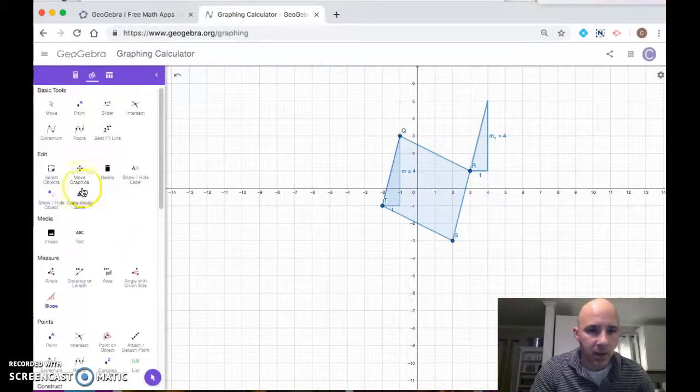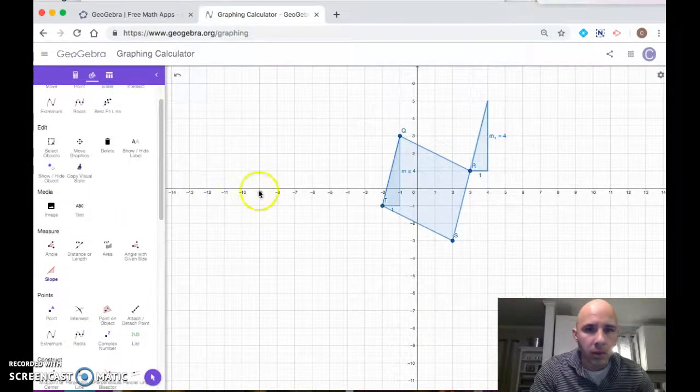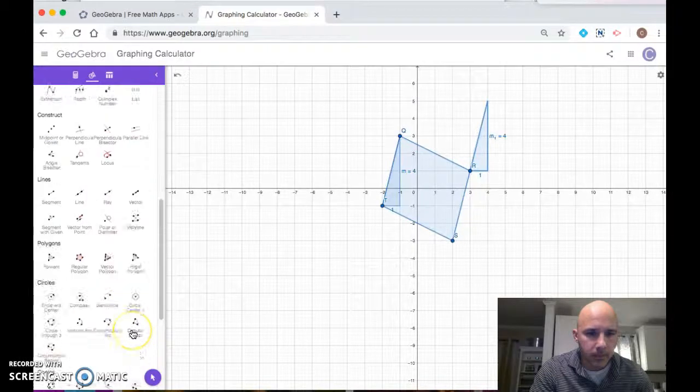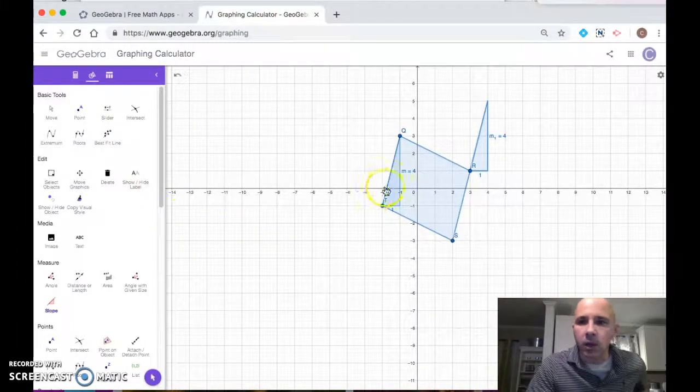Let me see if I have a place where I could just edit on here. Let's see. If I could find that. Select objects. I don't notice anything here on how to edit. So those are my slopes for that.